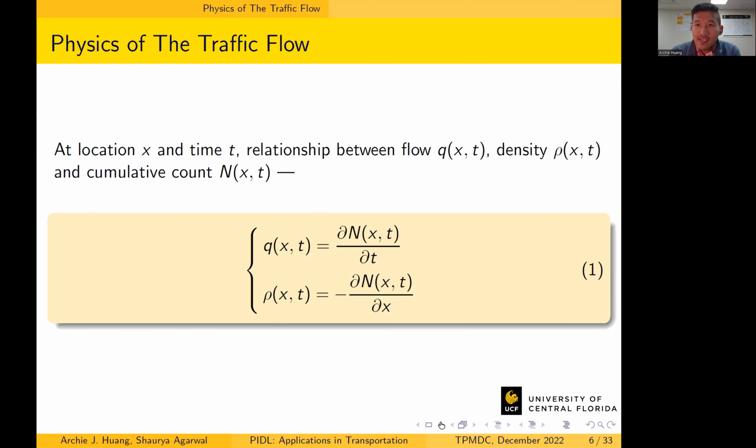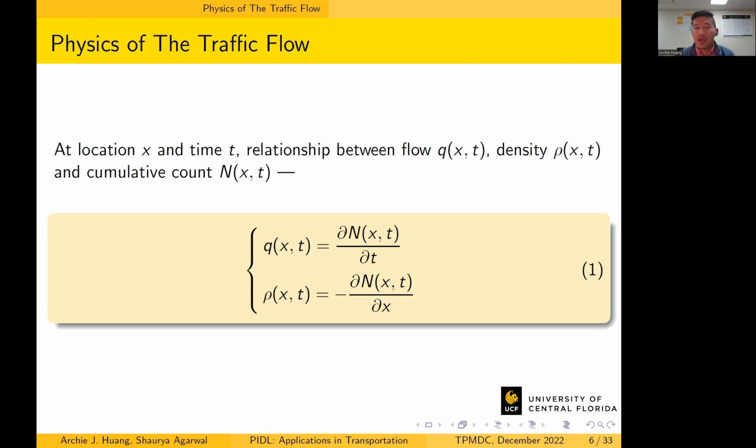First, in equation 1, we are going to see the relationship between traffic flow Q(x,t), density rho(x,t), and the cumulative count N(x,t). So what is cumulative count? Given a predetermined location x and a selected time stamp t, it is how many vehicles have already passed this location at this time.